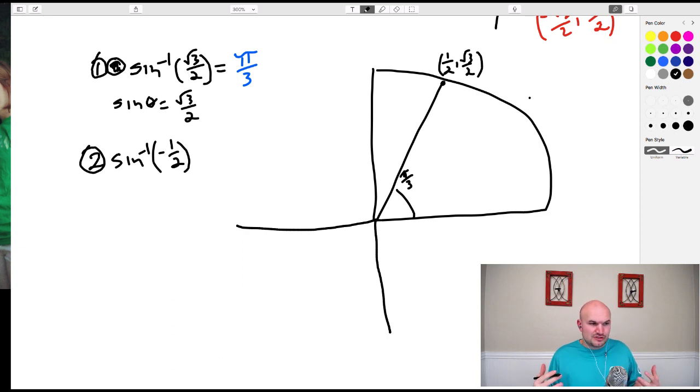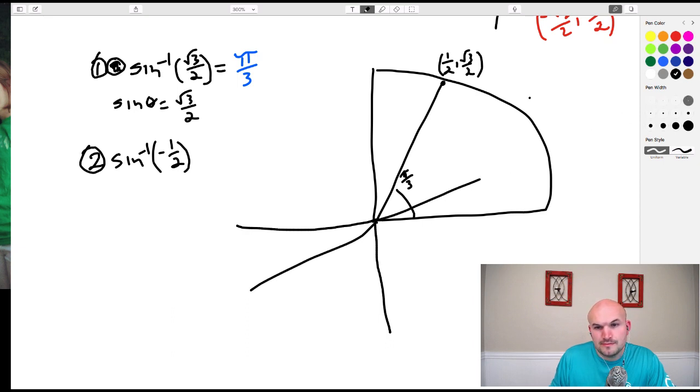And the issue with inverse trigonometry is that when we evaluate these, you're only going to get one option. By the unit circle, there's actually going to be 2 angles that give us -1/2.